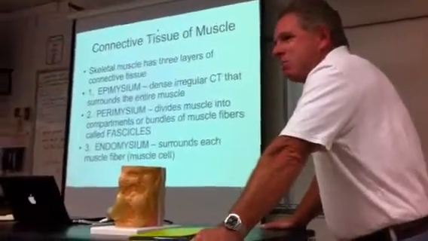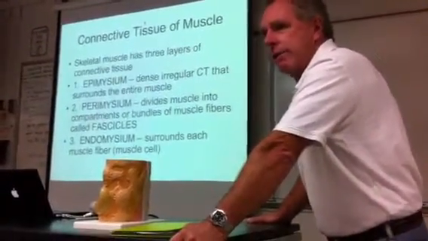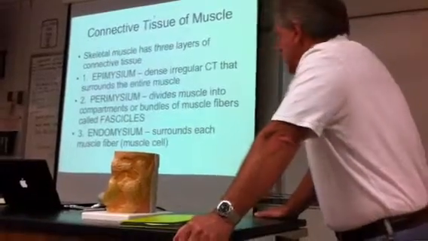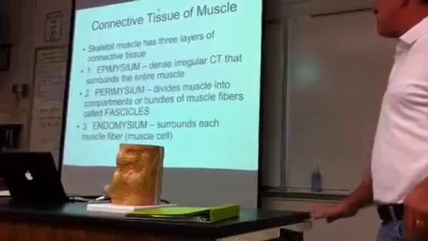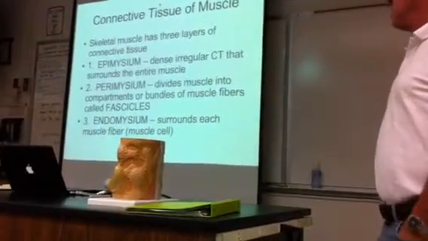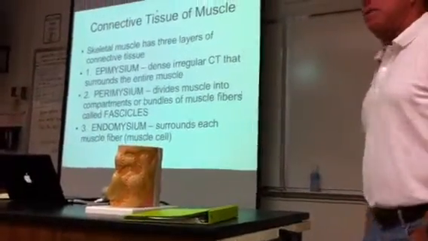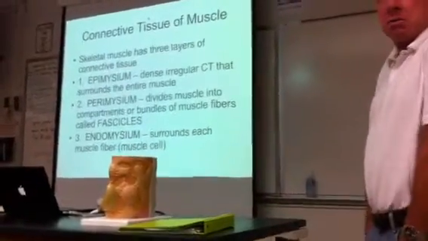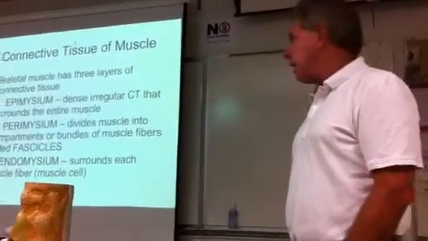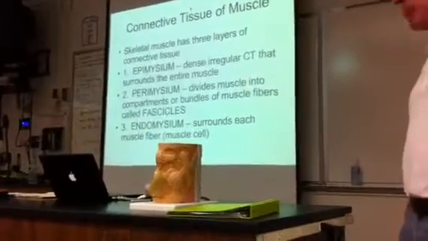That's basically what you're removing right now from your cats. The next layer in, the perimysium, divides muscles into compartments or bundles called fascicles, just like we had fascicles in the nerve. We have fascicles in our muscle, and they're surrounded by another layer of connective tissue, the perimysium.